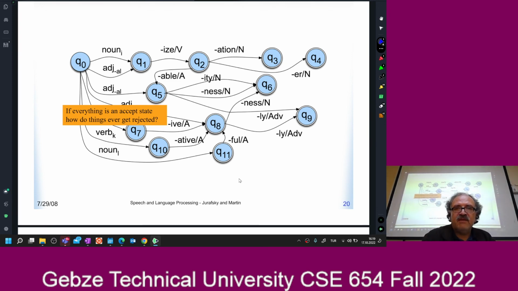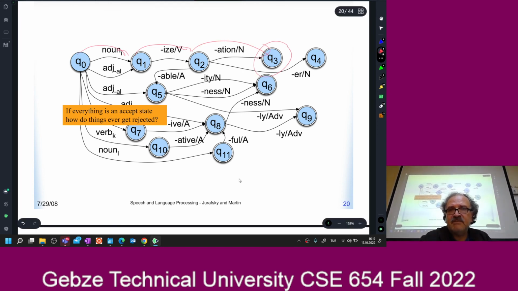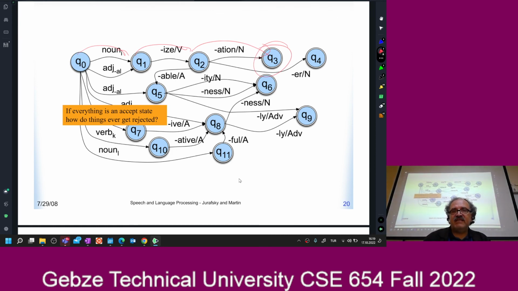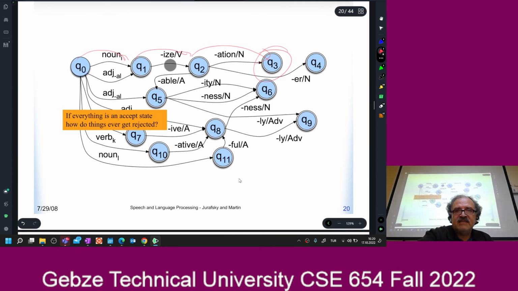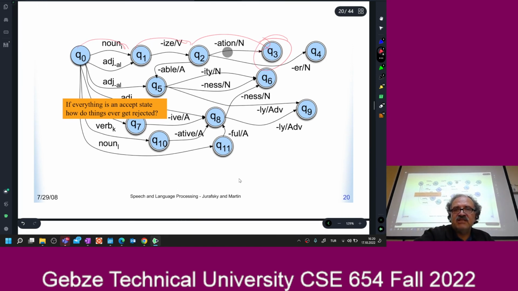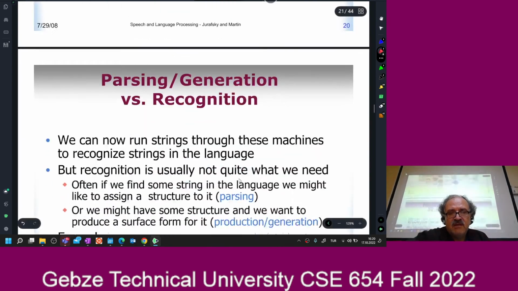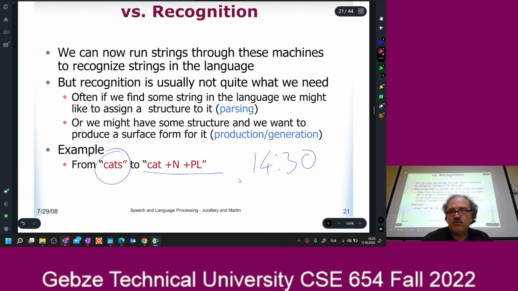So it is important to remember where we come from, here to there and there. Okay, I accepted already computerization. I already accepted it. But while I am accepting it, I said I started with a noun, then IZE suffix and ATION suffix, right? I did that too. So that's the parsing of it, like this one. That's the parsing of it.